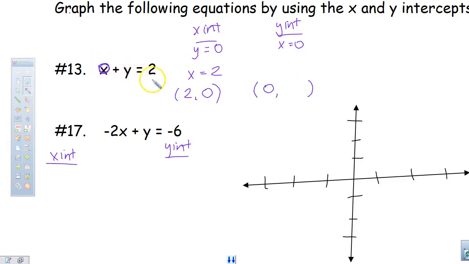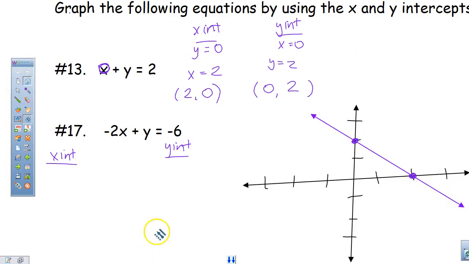So I end up with y equals 2. So for this first one, we have to graph the point 2, 0, and 0, 2. Connect those 2 points. And what type of slope does that line have? Negative. Good. That's a negative slope because it's decreasing from left to right.